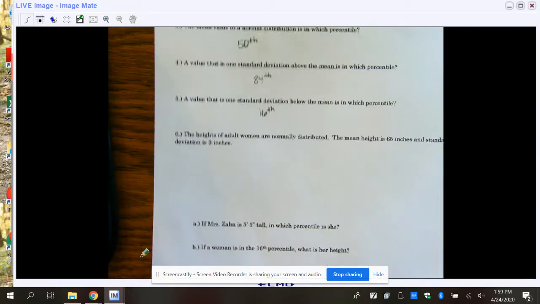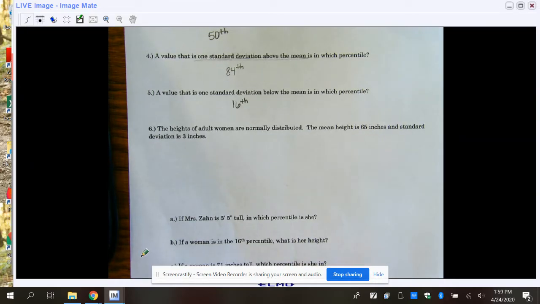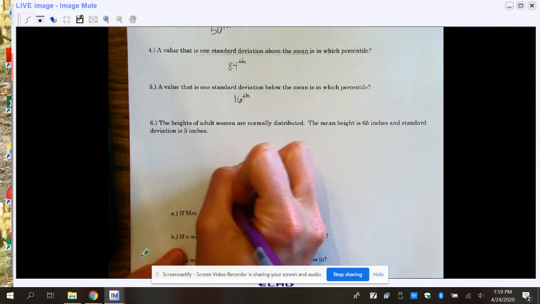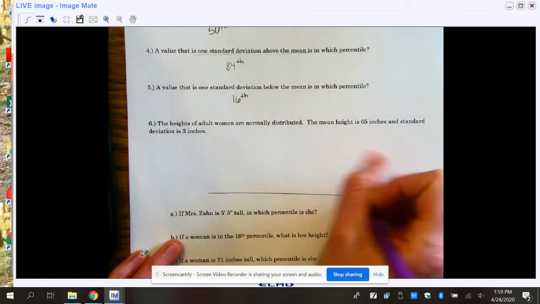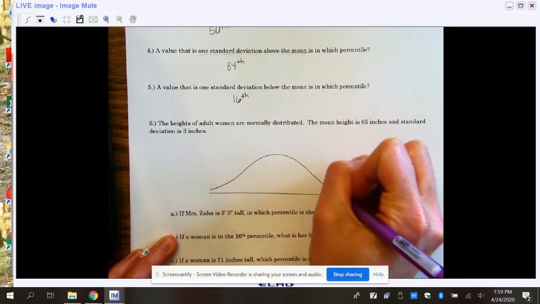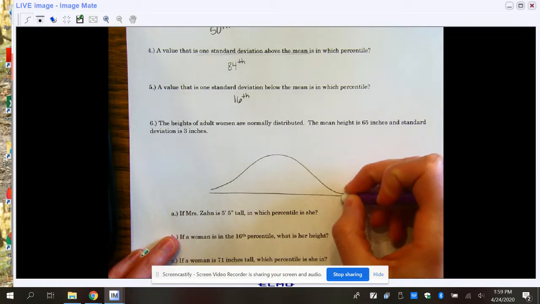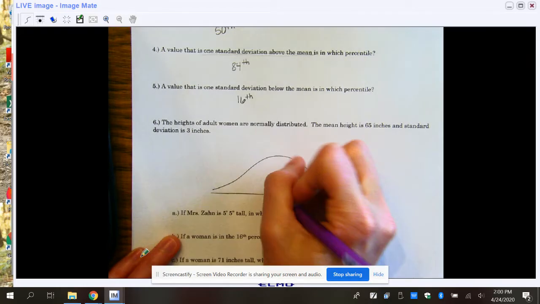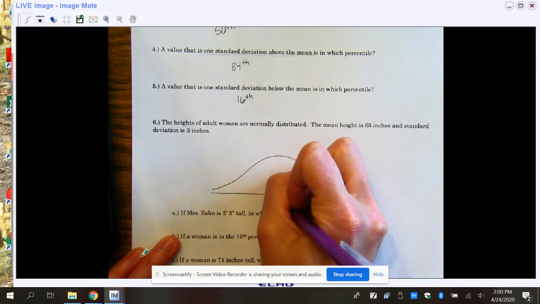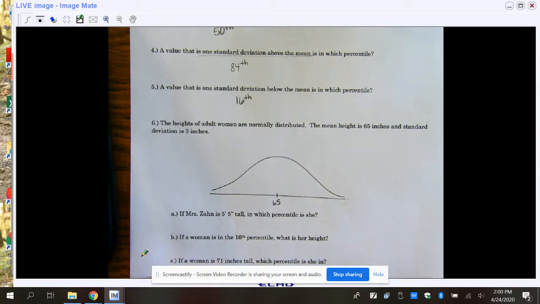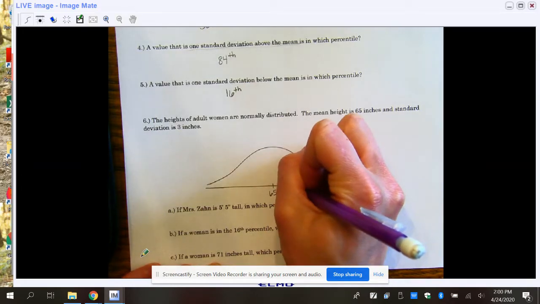Okay, so now let's practice making our own curve again. So the heights of adult women are normally distributed. The mean height is 65 inches, and the standard deviation is 3 inches.